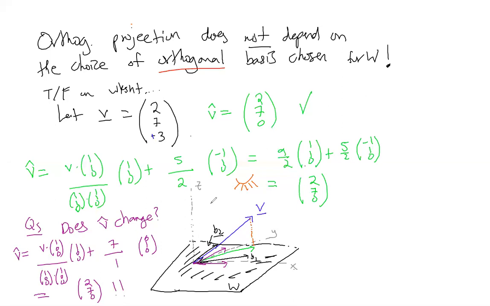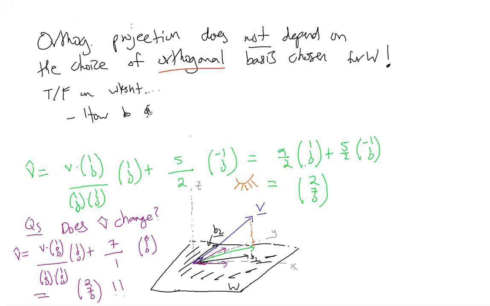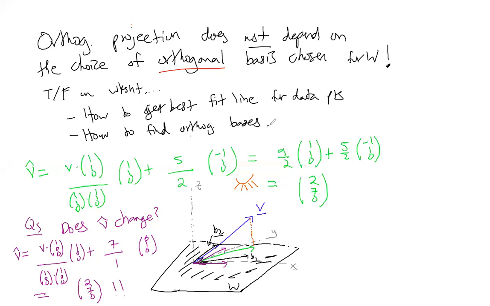We're going to talk about how to find the best fit line for a bunch of data points, so linear regression, and then we're going to talk about how to find orthogonal bases, because they're not always easy to find, and it's just some more theory after that. So I'll leave everyone with that, and I'll be on until maybe 11:10 for more questions if people have.